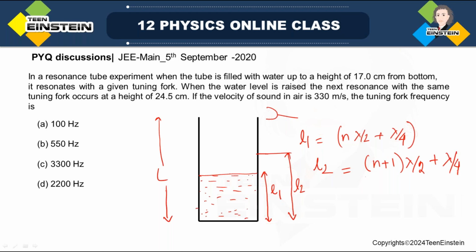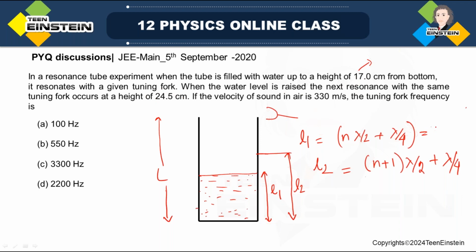That means if this is the first order lambda by 4, then the other one will be 3 lambda by 4. Like that it comes in the closed organ pipe, isn't it? So that is what I am doing here. Now look, I have L2 and L1 given in this case also. So the first resonance was seen at 17 centimeters.